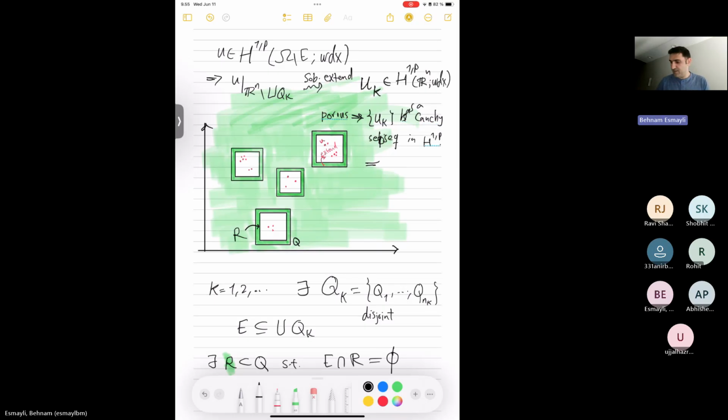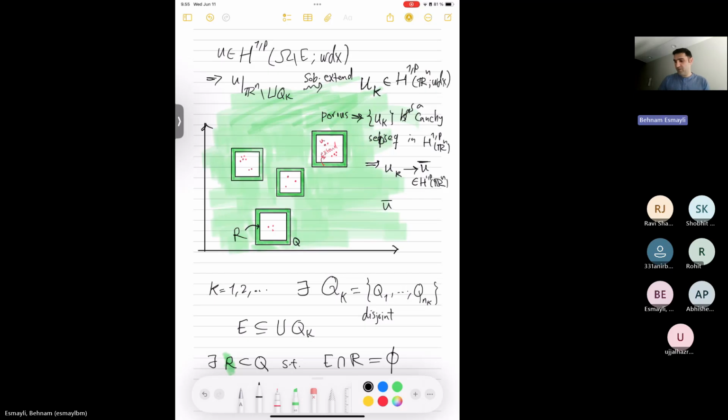Completeness. That means after passing to a subsequence, you know that this converges to some function. Let me call it U bar in H^{1,P} of all of R^n. This is all of R^n because the U_Ks were Sobolev on all of R^n. Now I have a function defined on all of H^{1,P}.